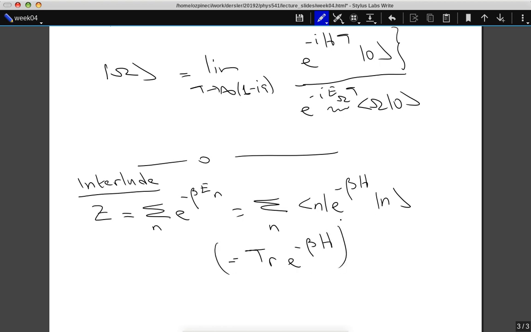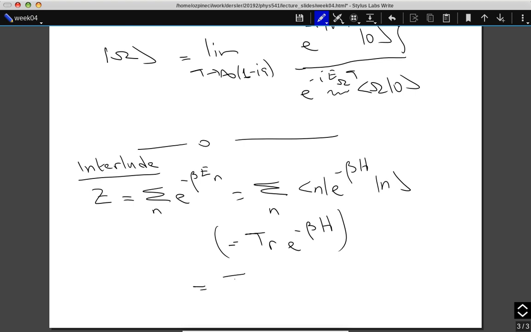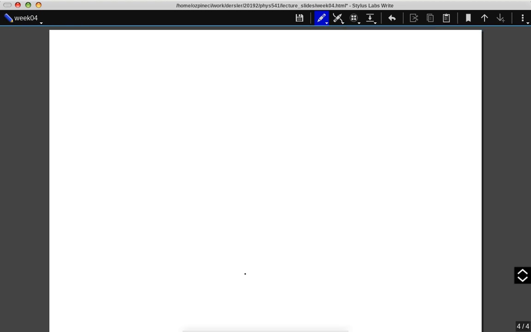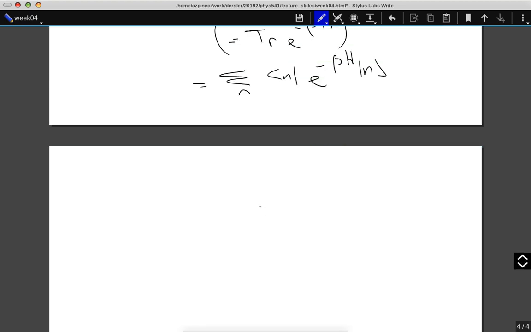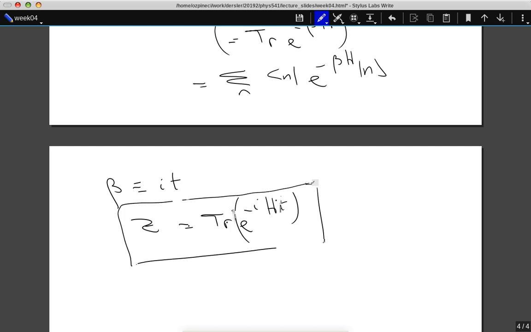But you see, this is nothing but the trace of e to the power minus beta H. Anyway, let's look at this one. If you set beta equal to i times t, then the partition function is just the trace of e to the power minus i H of t, or t is equal to minus i times beta.